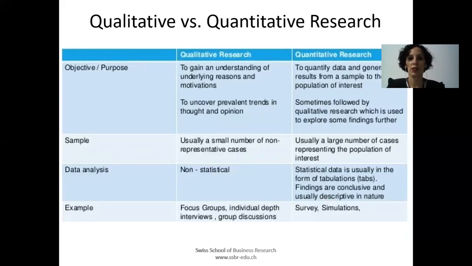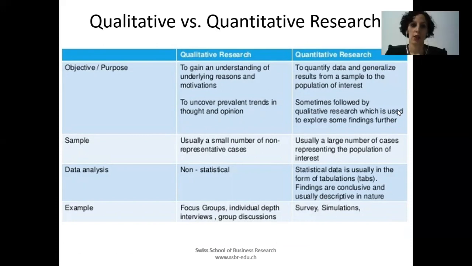So as you can see here, this is a comparison board between qualitative and quantitative research. But basically, qualitative research is that you want to gain an understanding of reasons. Like I just explained before, with numerical research, you just have a percentage, but you don't have that insight or that feedback or that reasoning behind why they would choose one product over the other.